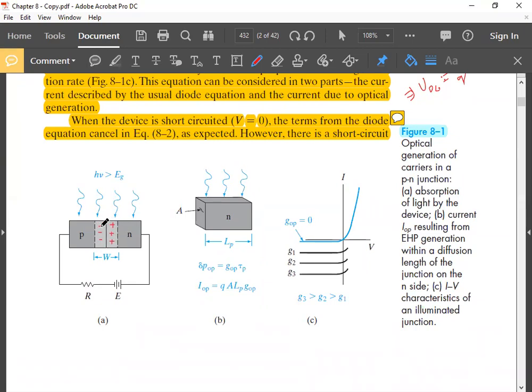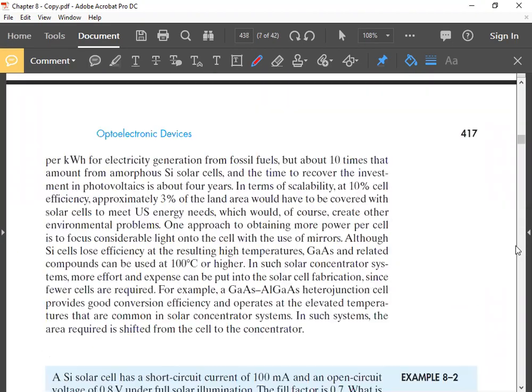So in order to speed up the response of the photodetector, most of the carriers should be generated within this depletion region, within this W. So from that perspective, W should be large, so that most of the incident light creates photogenerated carriers within the depletion layer. Those carriers don't have to diffuse to the depletion layer, they are already within it.